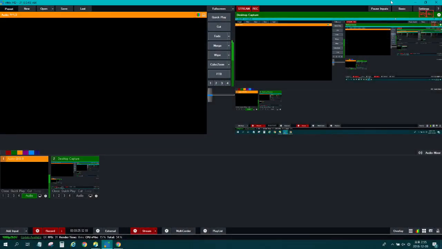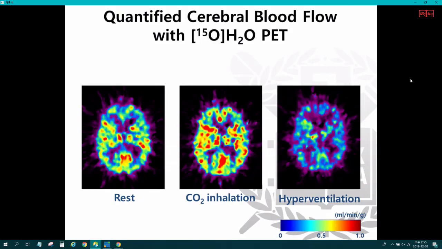Rest here, brain blood flow with oxygen-15 water. That's a kind of stratospheric or alien type of research. However, he was so curious about the blood flow of each area of the gray matter of the brain, and he put an anesthesia machine on the human patient, and the CO2 concentration was increased.